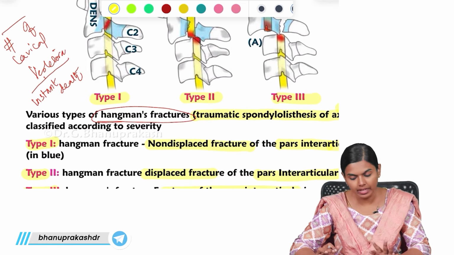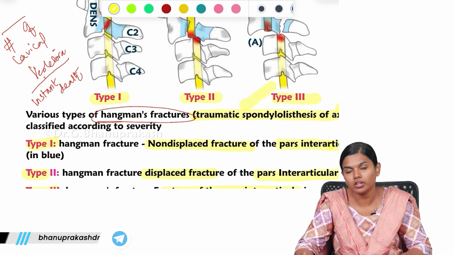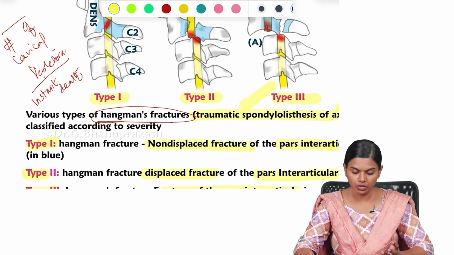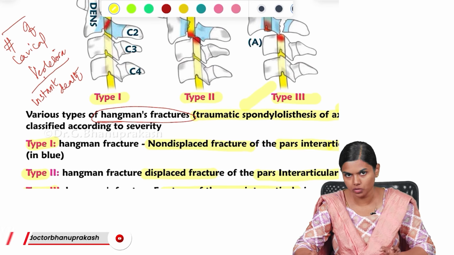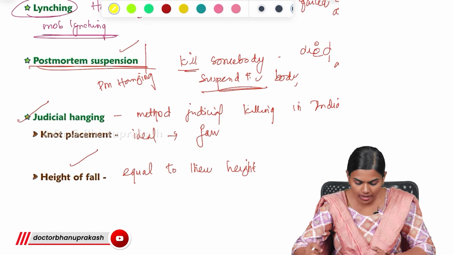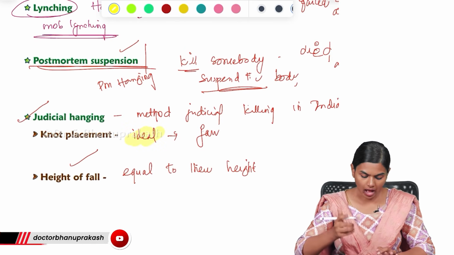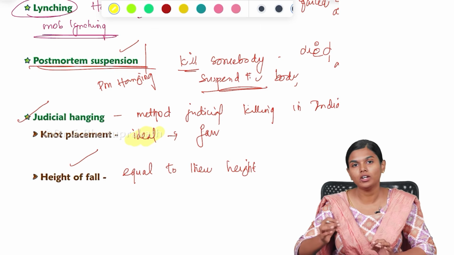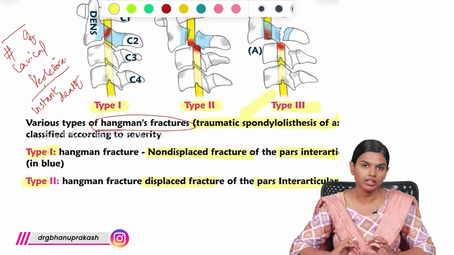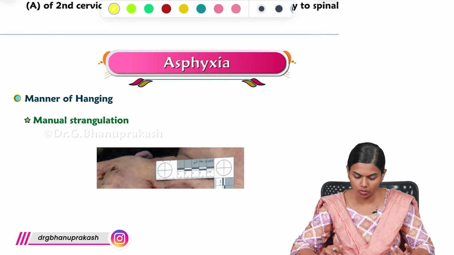So mainly if they simply ask you what is a hangman fracture, what you have to say is this: traumatic spondylolisthesis of axis. And if they further ask you about the types, you can write about these 3 types of fracture in judicial hanging. And judicial hanging, the ideal position for knot placement is beneath the jaw, and the height of the fall should be equal to the height of the person, and here the death is usually instant. So these are the important terms related to hanging.